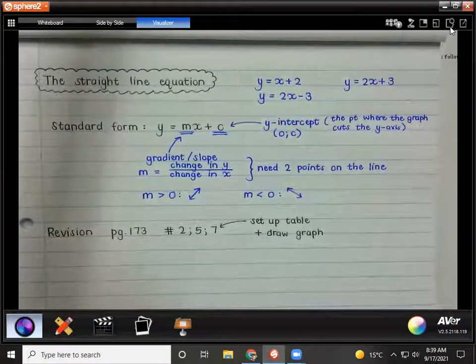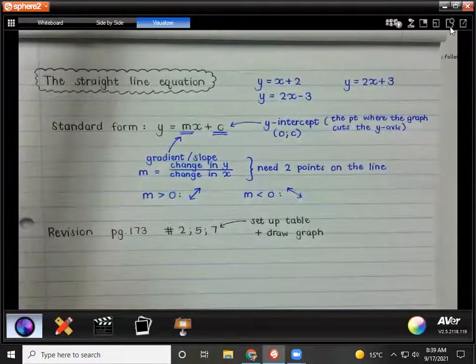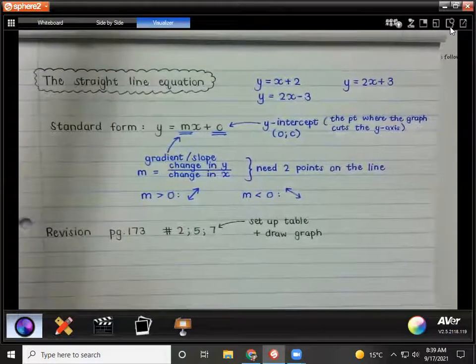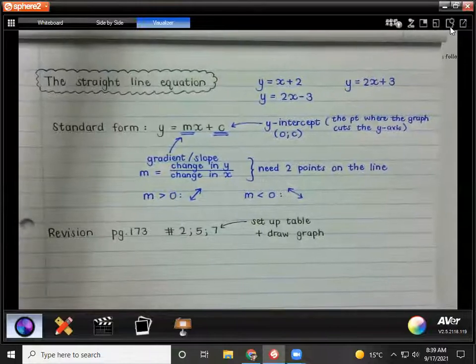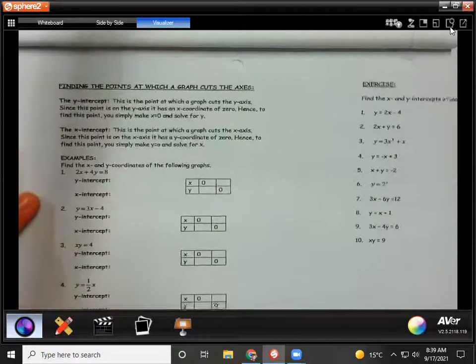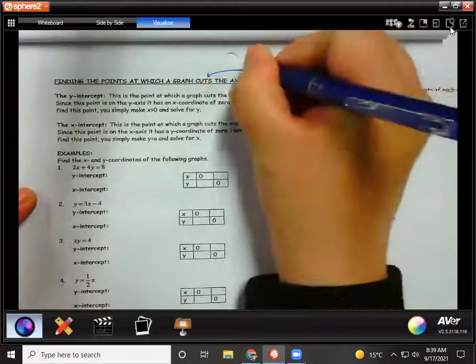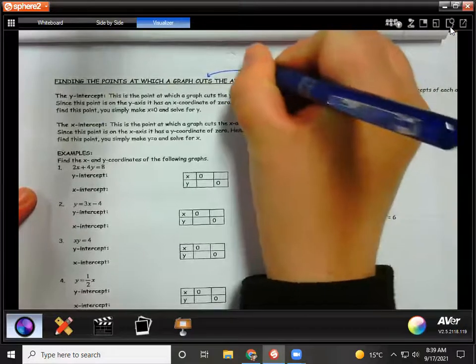Okay, now on this note, we're just going to read through it, the page that I handed out, and we're going to underline some things, or we can highlight some things. All right, so in the heading, where it says finding the points at which a graph cuts the axes, these points we are actually going to call intercepts.